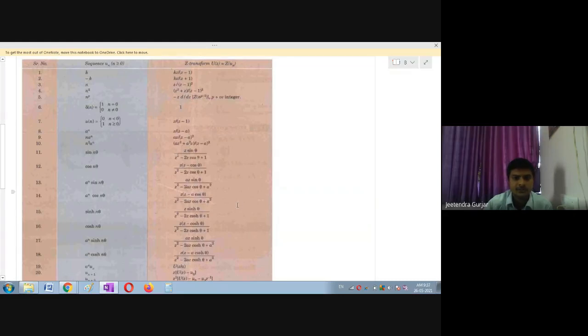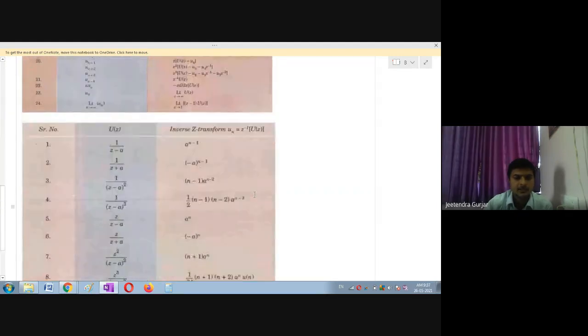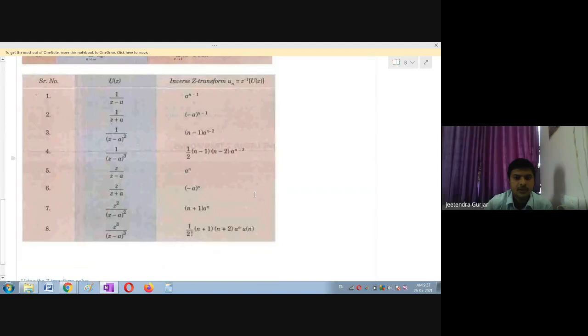Please remember the reverse of the Z transform, which is the inverse. These are a few inverse Z transform formulae. The inverse Z transform is defined as follows, students: u n is equal to Z inverse of u of z. Please remember the definition or formula of the inverse Z transform.